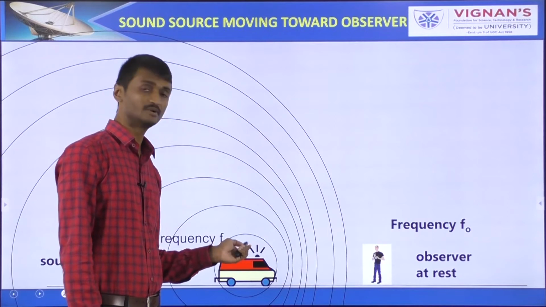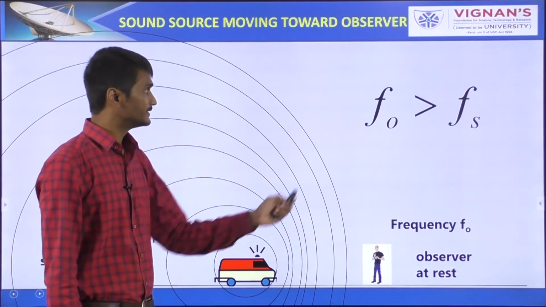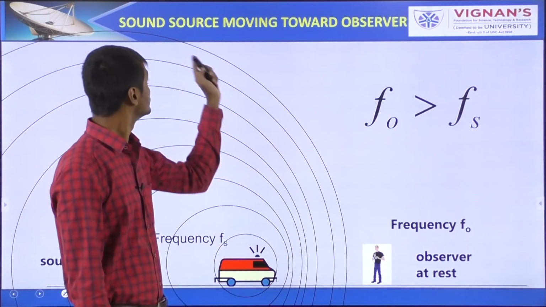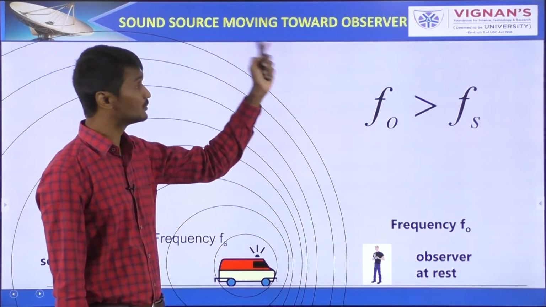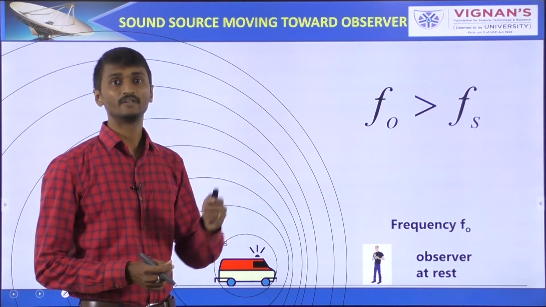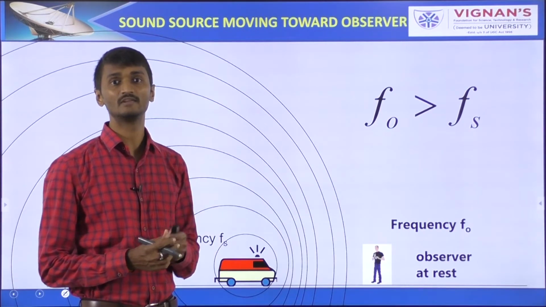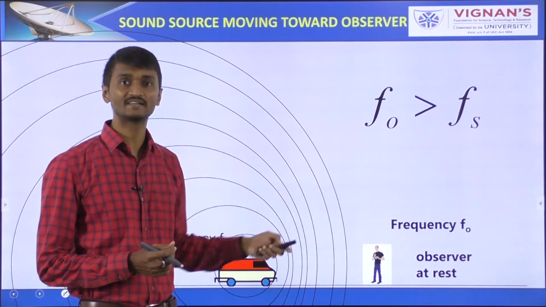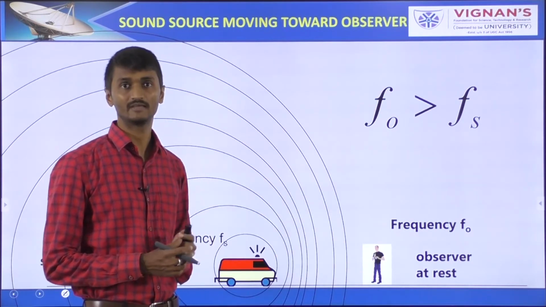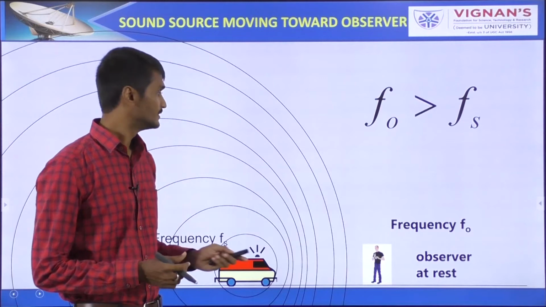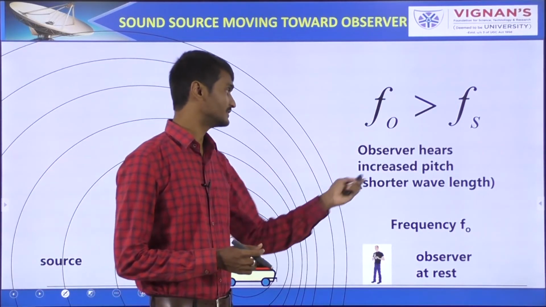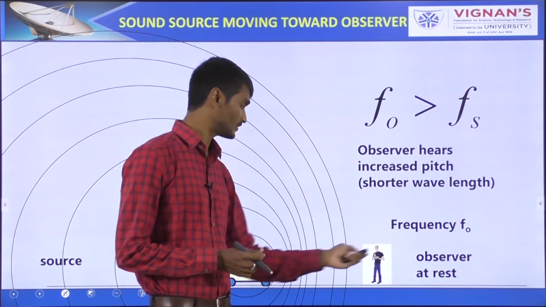That is, f0 is greater than fs, in the case where the sound source is moving towards the observer. That is, the frequency of the received signal will increase when the target moves towards the direction of the radar, in the case of radars. The observer hears an increased pitch, that is, with shorter wavelengths.